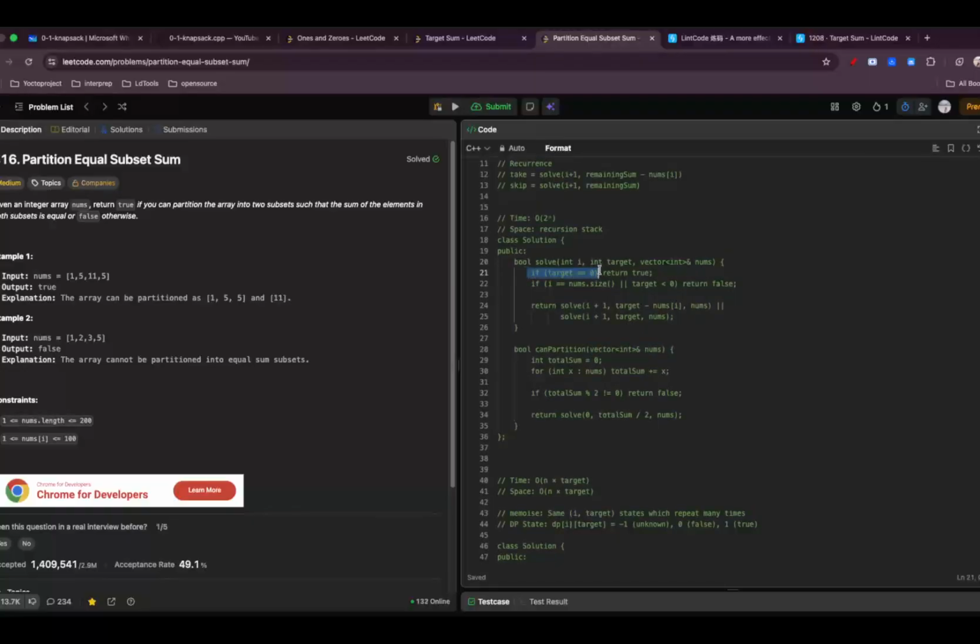So first thing, if target equals 0, we need to return true. That means we have already reached that condition. And then if i equals nums.size or target is less than 0, we need to return false. That means our array is exhausted or the target becomes negative. So that simply means this is the scenario where two subsets having the same sum are not possible, because we have already exhausted the array or the target is less than the required one.